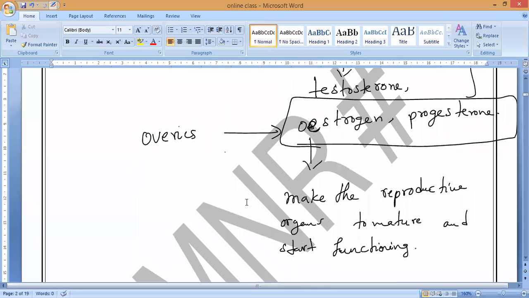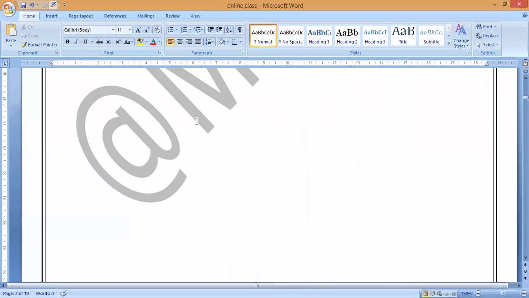Now, what characteristics do you observe in boys, for example? Please all of you keep reading: the changes that occur in boys during the puberty period. So how can we notice puberty in boys?